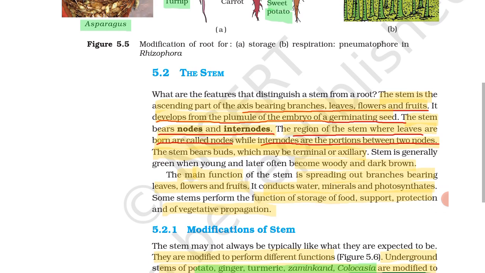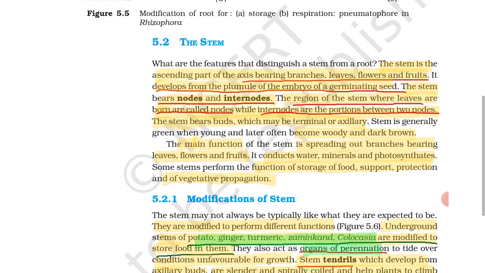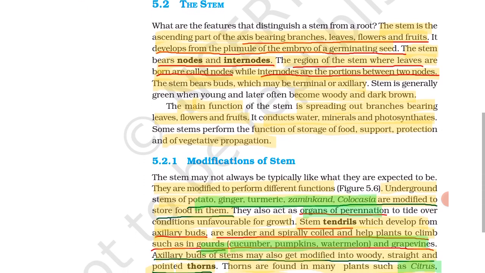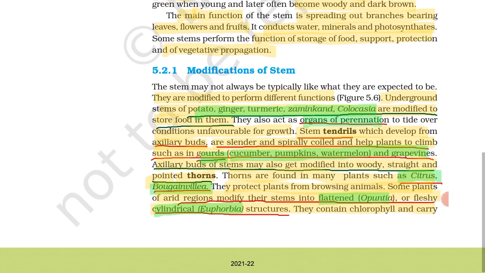Stem is generally green when young and later often becomes woody and dark brown. The main function is spreading out branches bearing leaves, flowers and fruit, conducting water, minerals and photosynthesis. Then the function of storage of food, support, protection and vegetative propagation. These are about stem. Next is modification of stem.